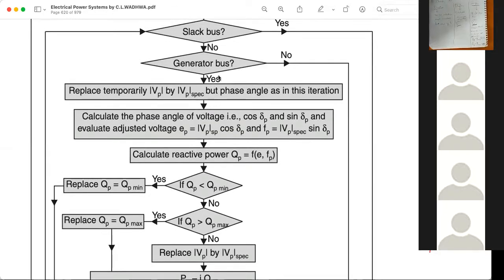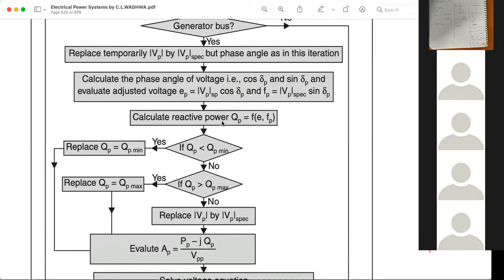And if it is a generator bus, then we replace the temporary V_p by V_p specified, but with the phase angle as in this iteration. That means the V_p magnitude is specified, we will use that, and the angle, that is the calculated V_p angle, we will take. Then calculate the phase angle of voltage, cos delta_p and sin delta_p, and evaluate the adjusted voltage: e_p is the magnitude of V_p specified times cos delta_p, and f_p equal to V_p specified times sin delta_p.